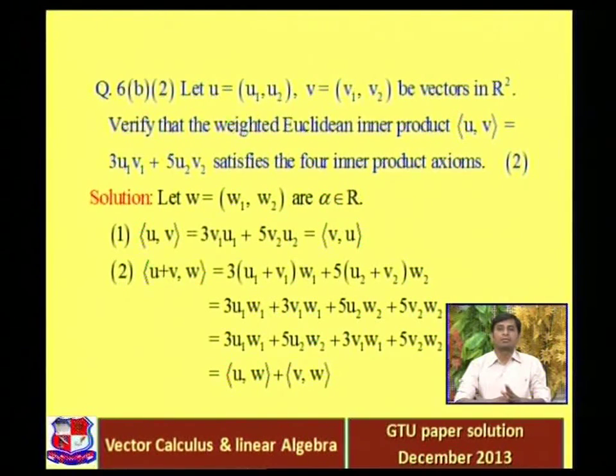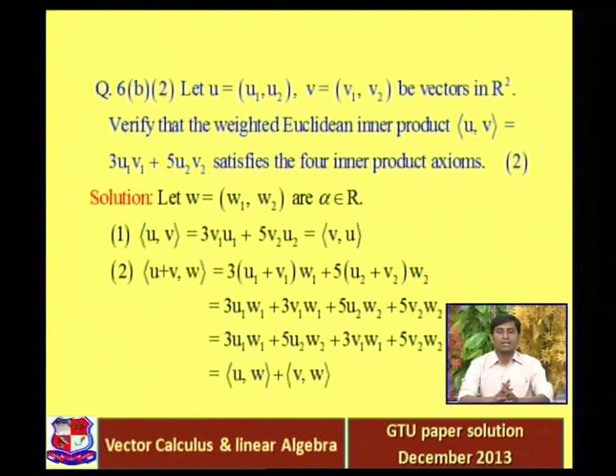If <u, u> = 0, that means u = 0, where 0 means the zero vector, the zero element of the vector space.